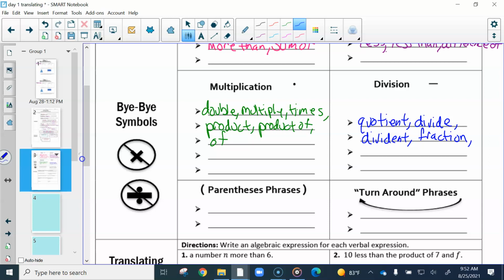It depends on context, but yes. Over, like 3 over 4, would still be a fraction, but there's another way to say it.